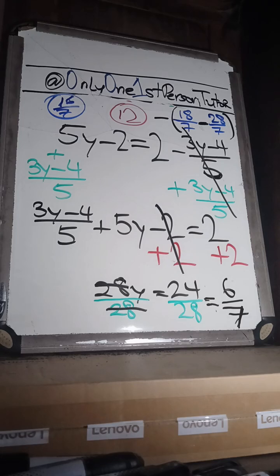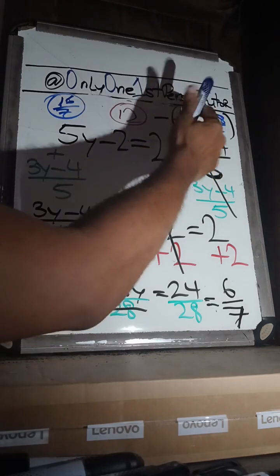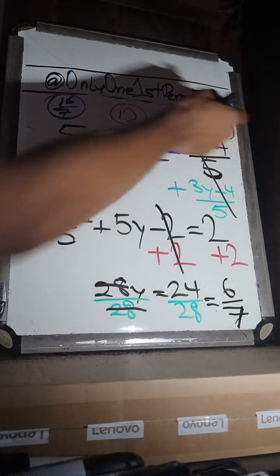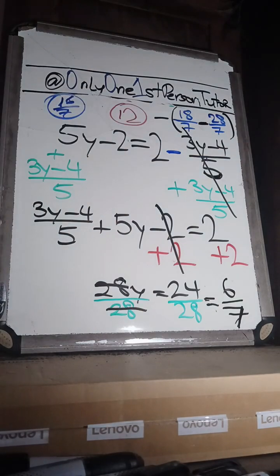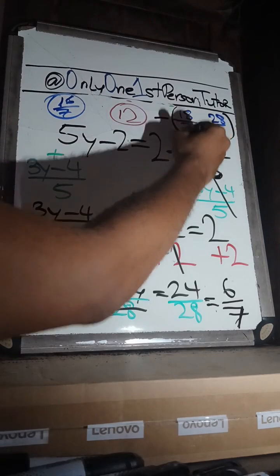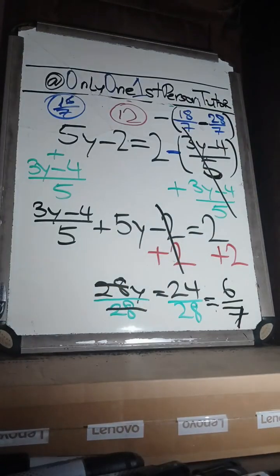When you have this minus in front of the 3y minus 4 over 5, you're literally putting all of this behind brackets. Because you'd have minus 3y minus a minus 4 giving you a plus 4. So that's why this is dangerous. So you have 28 minus 18, which is 10 over 7, divided by the 5. Yeah, that's why that's dangerous.